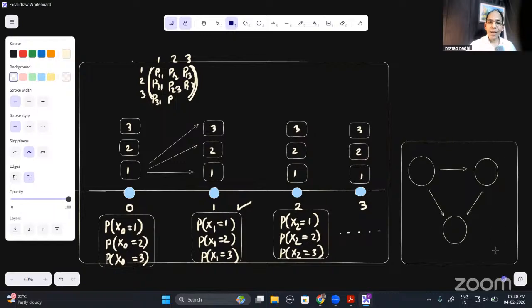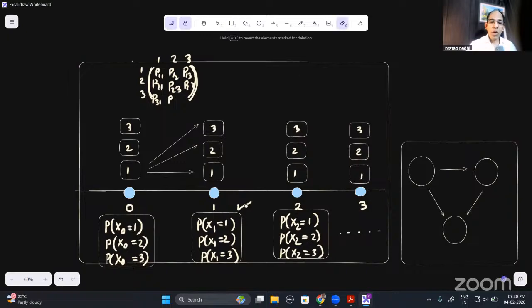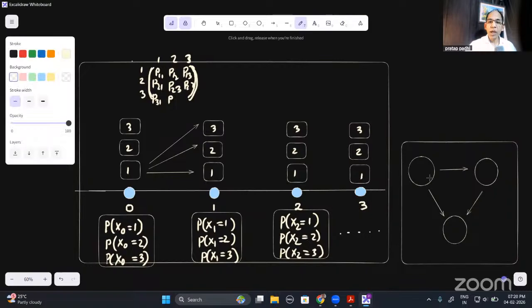What you see on the left is a discrete time stochastic process. Now, what if you are discussing a continuous time stochastic process? The same diagram we can use. You can go from 1 to 2, you can go from 2 to 3, but you can't go from 3 to 1. Can I take the states healthy, sickness, and dead?